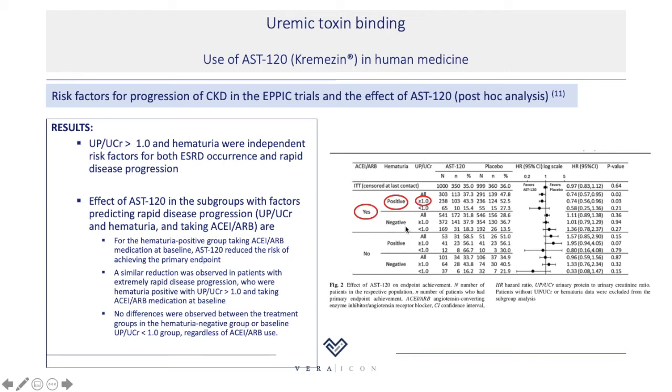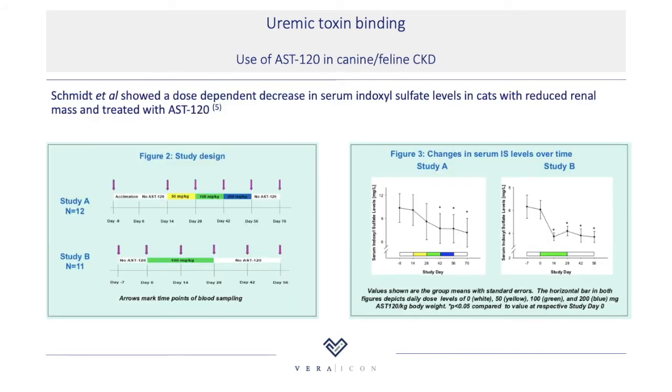When patients were negative on hematuria, or when they did not have a high UPC ratio, they did not benefit from the treatment. So there's a subpopulation of people, with highly progressive CKD, who will benefit from the addition of AST120 to their treatment. And this is very important.